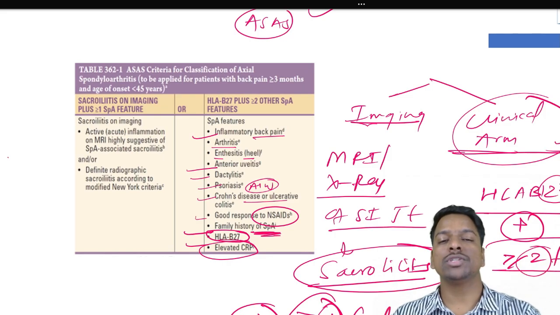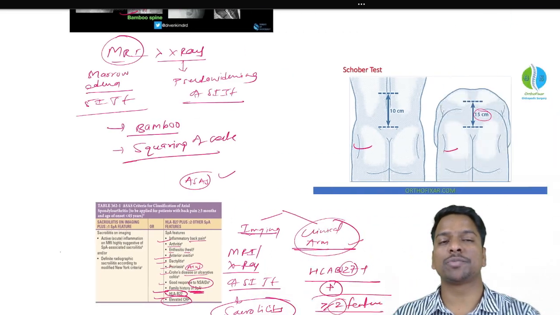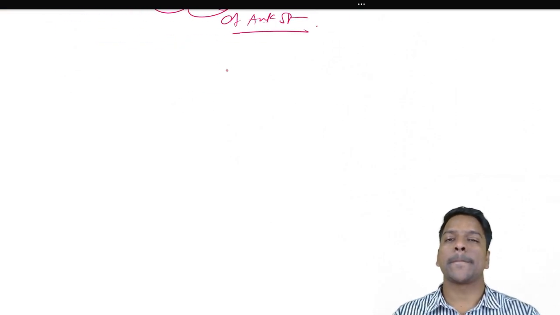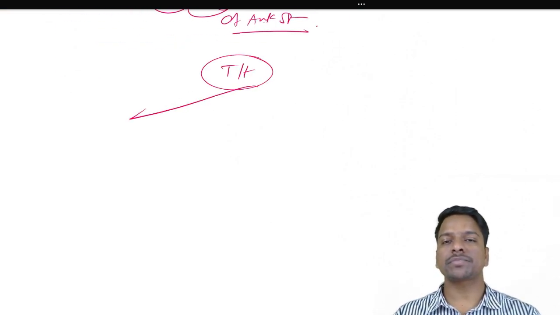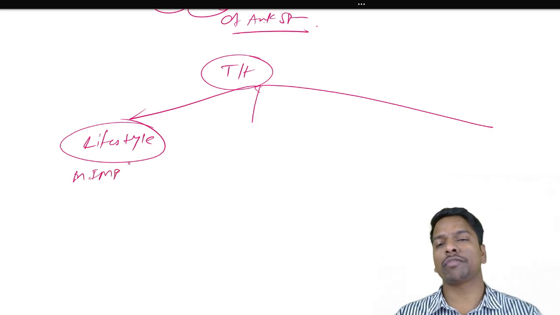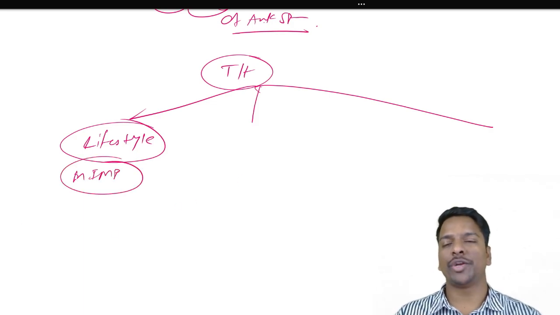Now coming to the treatment of these patients. We have three main options. First is lifestyle. Lifestyle is very important, and I would say it is the most important way of treatment in this patient because there is no definitive treatment.